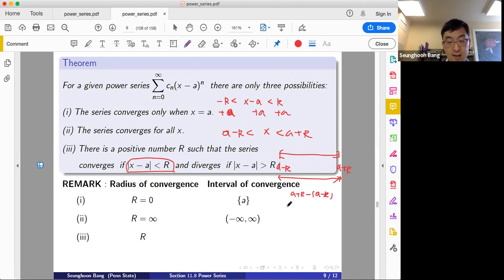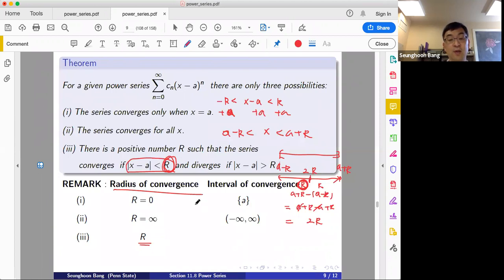The a cancels, and we have only 2r. So the length is 2r. What is the length of half? The length of half is just r. We call half of the length the radius of convergence, exactly this number r.